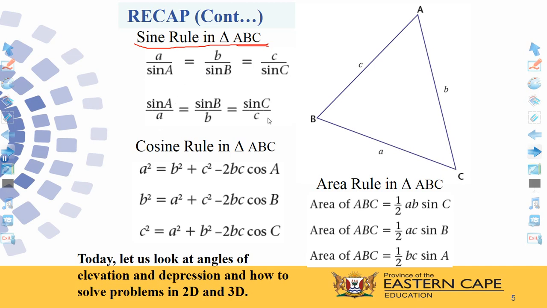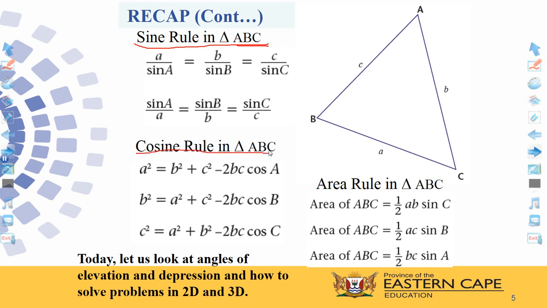Or it can be the other way around: you start with the sine of an angle divided by the side opposite that angle is equal to the sine of another angle divided by the side opposite that angle. That is the sine rule.